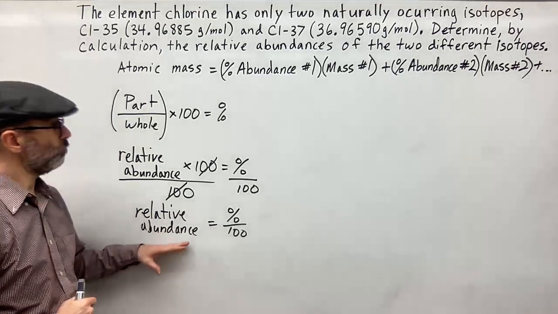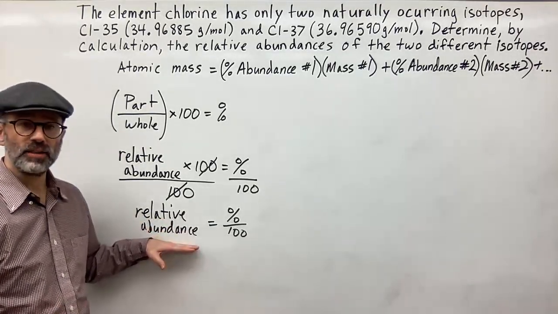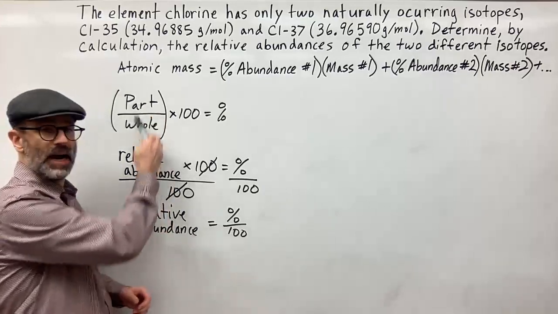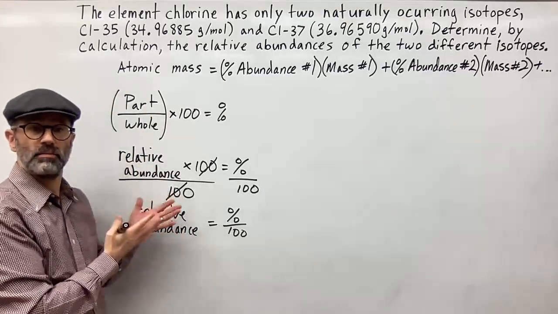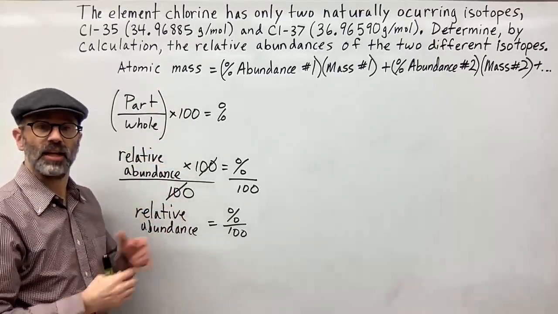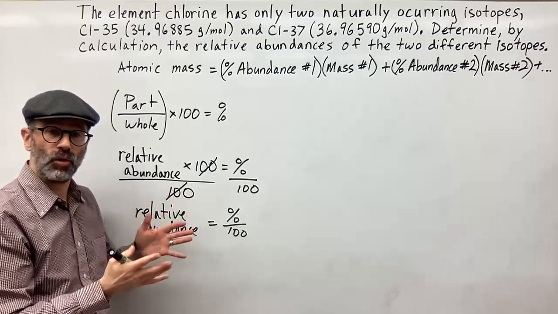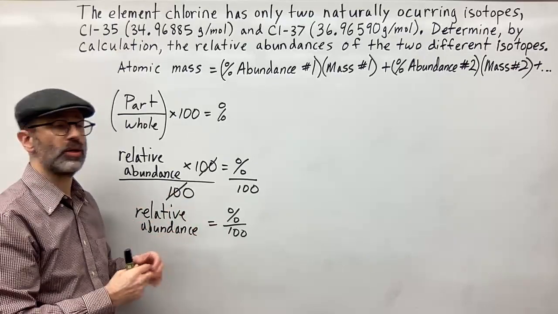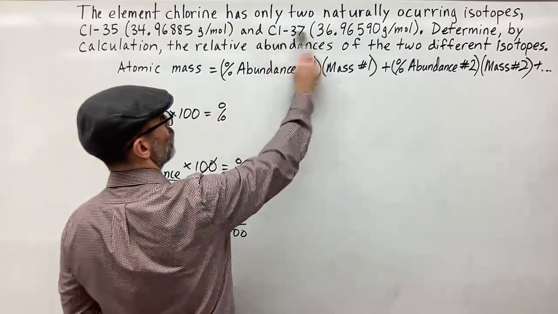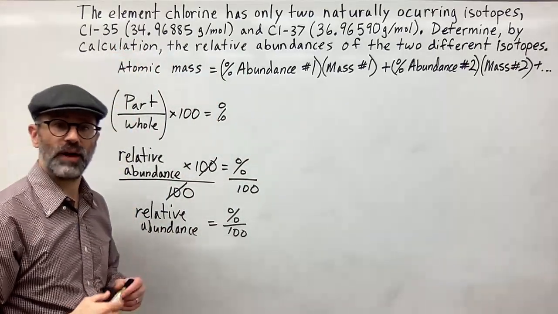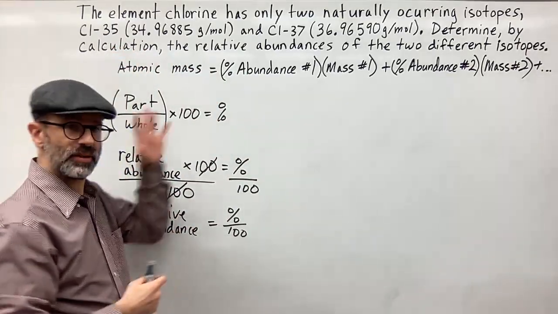Okay? So then the relative abundance is basically a fraction. So it's a fractional amount of your whole or your sample. Like, what fraction of the whole is going to be the Cl37? What fraction of the whole is going to be Cl35, chlorine 35? So that's kind of what you want to be thinking about.